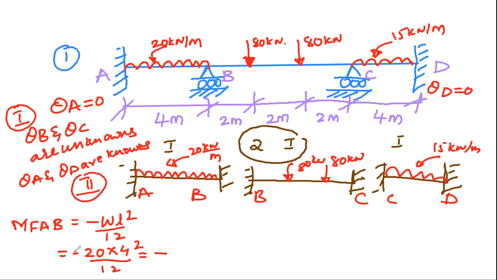minus. Now why are we having minus sign over here? Suppose that beam is going to bend, or that beam is going to deflect. How is the support going to resist that moment? In an anti-clock direction.